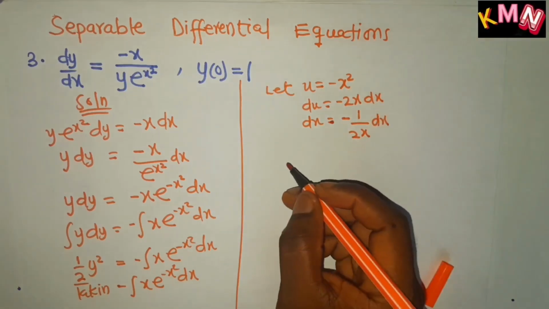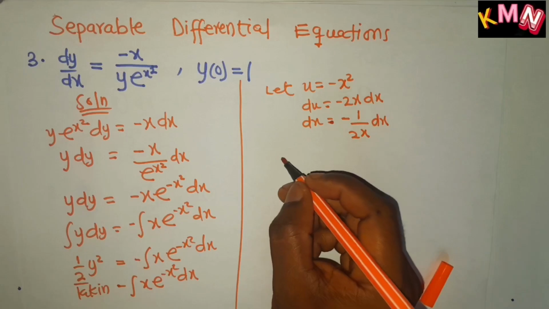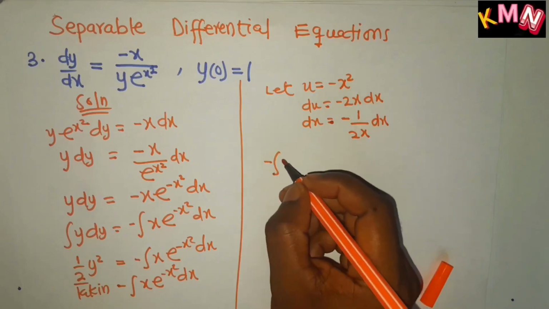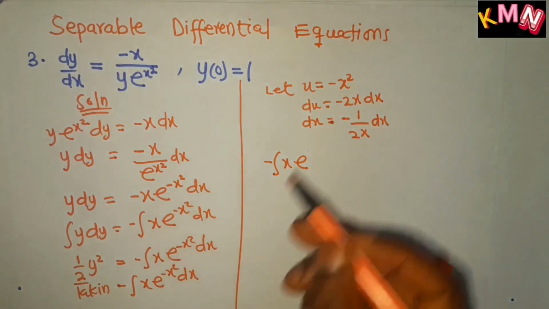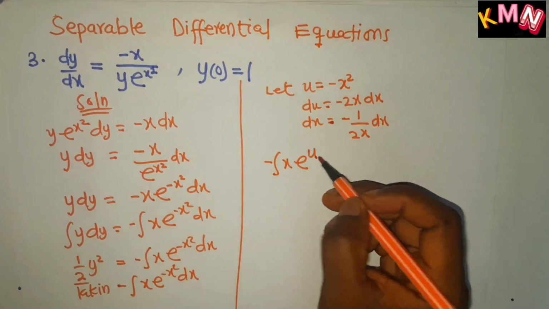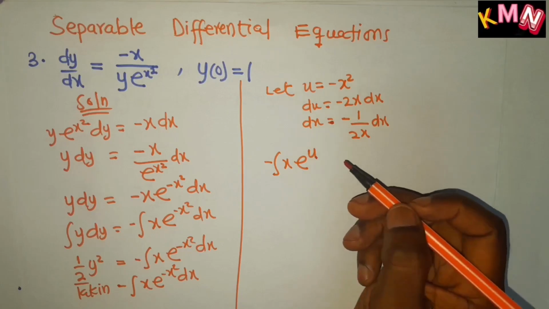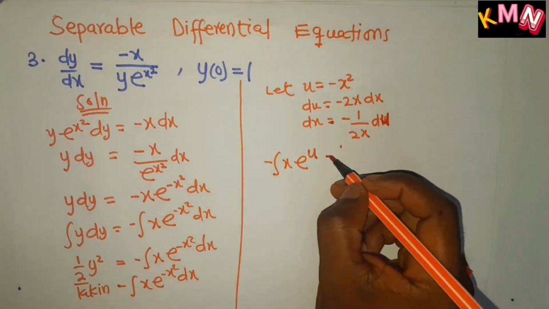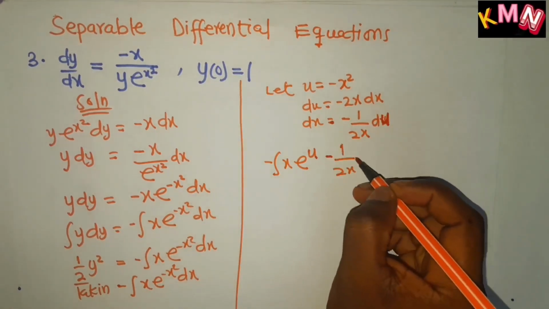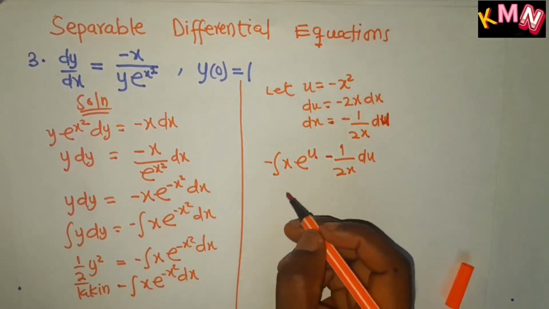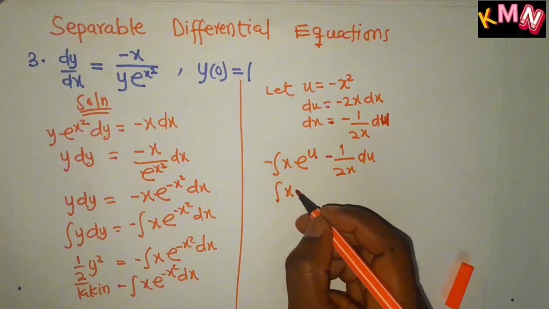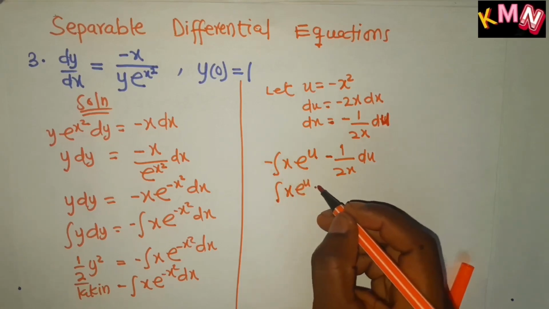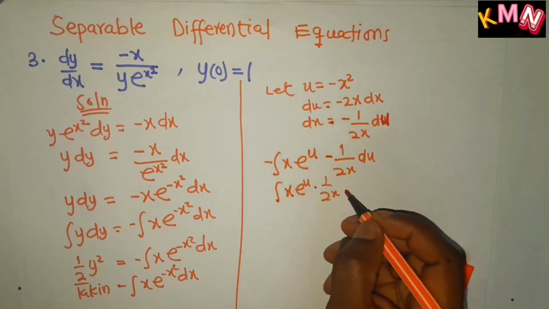So let's substitute back and see. Substituting back, we're going to get negative integral of x e power, the whole of this is u, so here becomes u. Then our dx is now minus 1 on 2x du. So this cancels that, and we're going to get integral of x e power u times half x du.